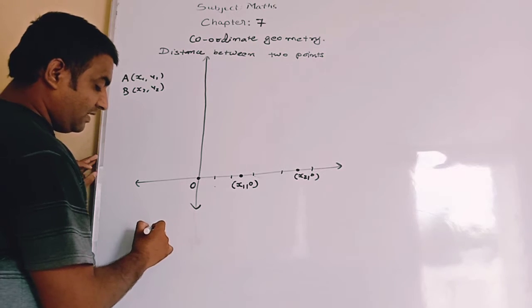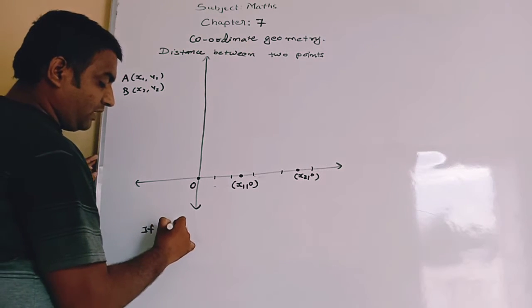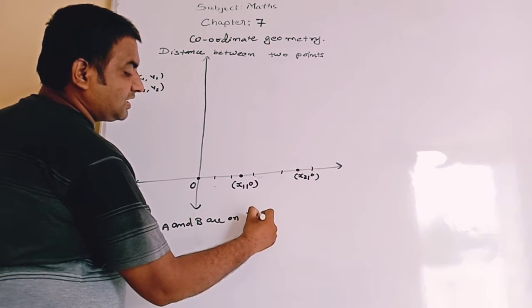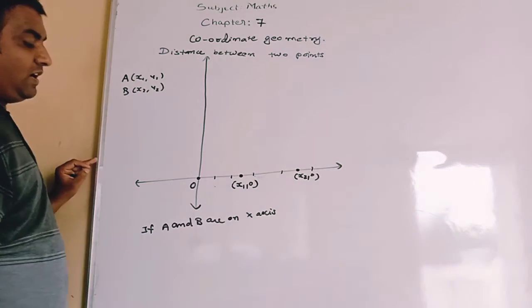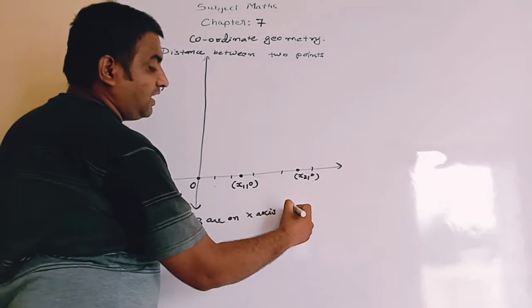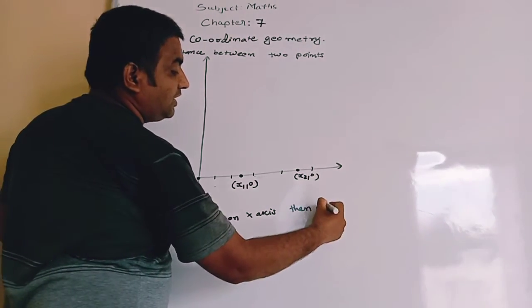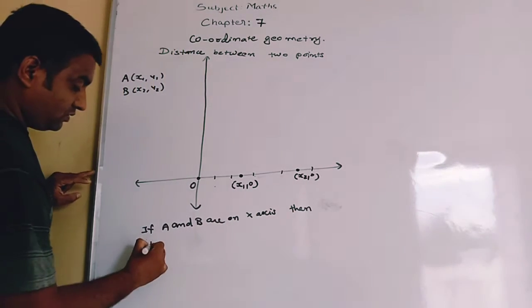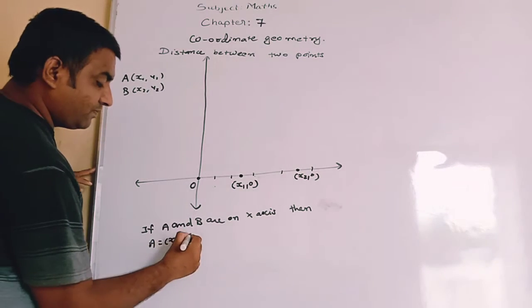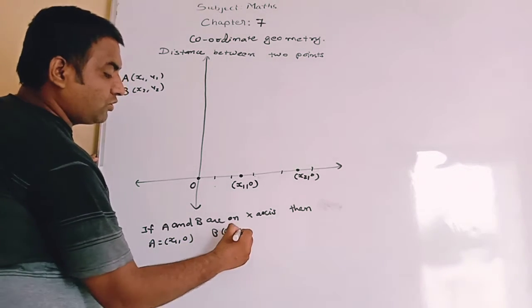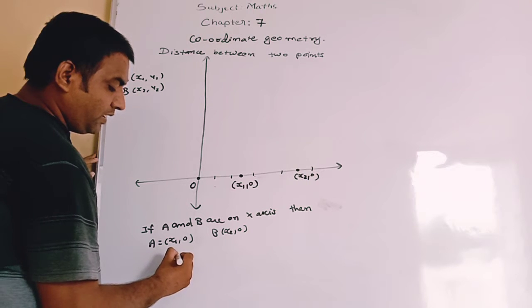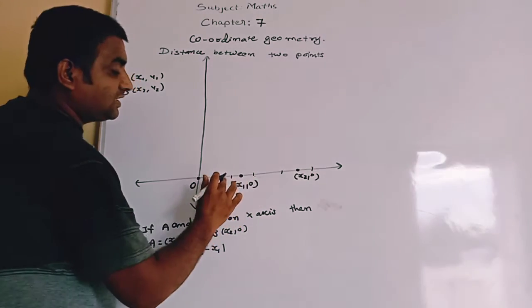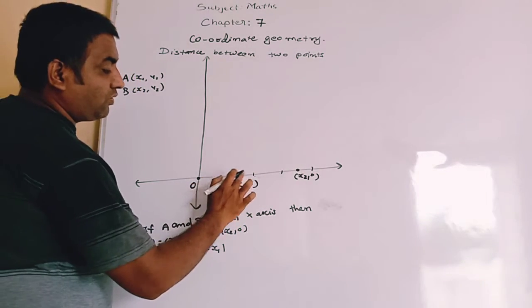And so we can write, if A and B are on the x-axis, then A is (x1, 0) and B is (x2, 0), and the distance AB will be modulus of x2 minus x1.